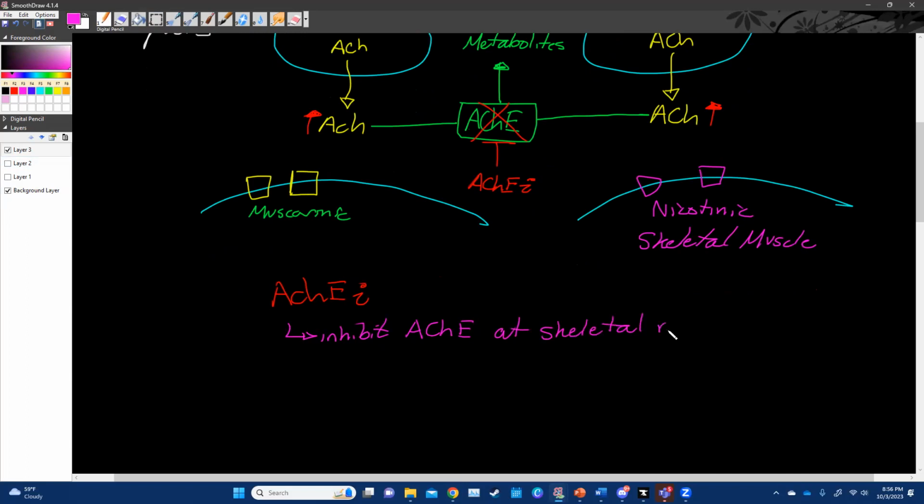What this is going to do is that we're going to activate all skeletal muscle at basically the same time.